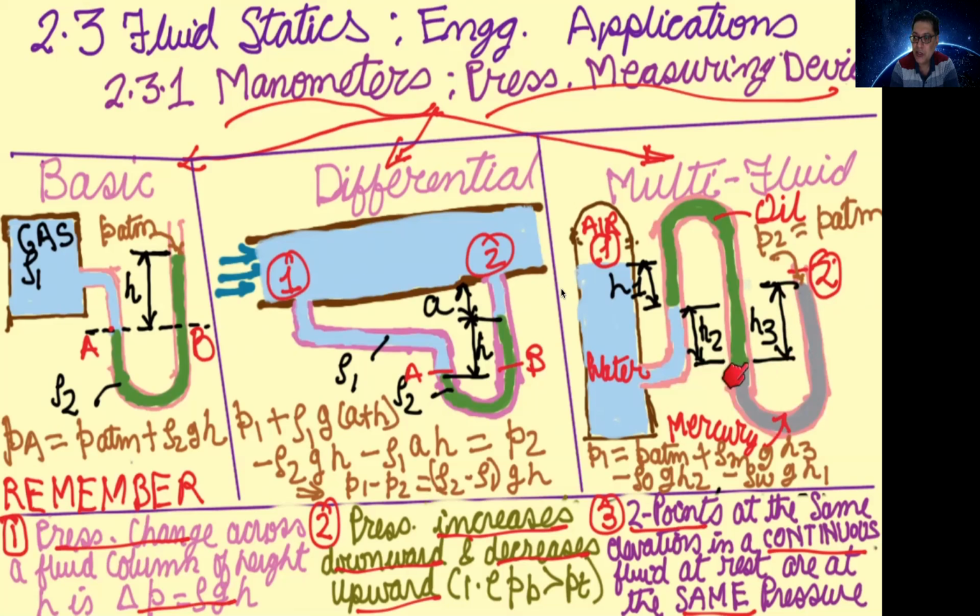This pressure is equal to this pressure, and from here we obtained the pressure here by minus ρo g h2. This pressure is equal to this pressure because they are on the same horizontal line, and this and this are connected by the water, so they are at the same pressure, and from here you obtain the pressure here. So using these 3 points which I had mentioned, we obtain the pressure P1 as a function of atmospheric pressure.